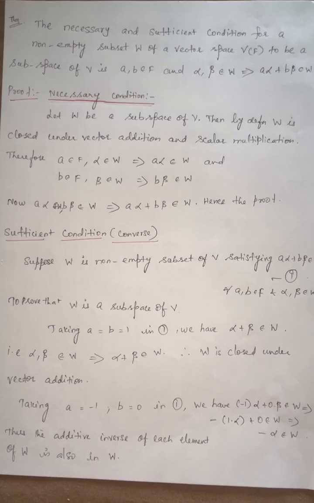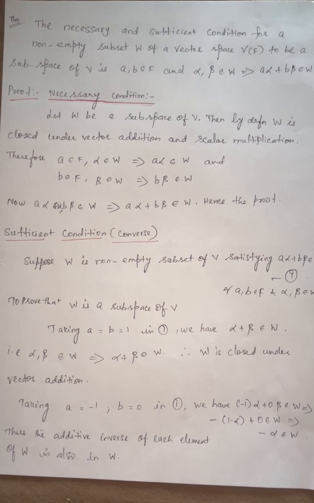Then according to the definition, W is closed under vector addition and scalar multiplication. Hence, for any a in F, alpha in W, since scalar multiplication is closed in W, a alpha must be in W. In the same way, for b in F, beta belonging to W, b beta is also in W. So a alpha in W and b beta in W implies a alpha plus b beta belongs to W. This is possible because W is a subspace of V, so it is closed under vector addition.